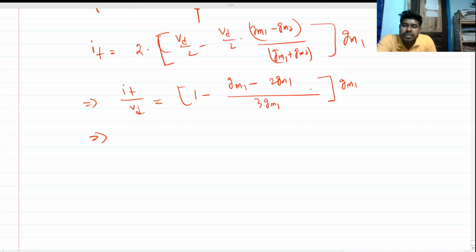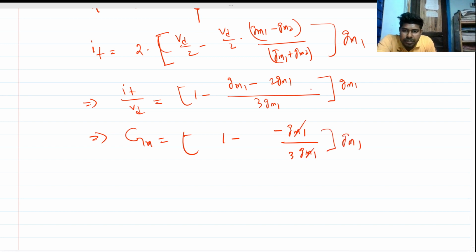So this is our overall Gm, right? So this will be 1 minus Gm1 divided by 3 Gm1 into Gm1. So this cancels. So we are having Gm equals 1 minus 1 plus 1 by 3, right? Yes, this is the correct answer.